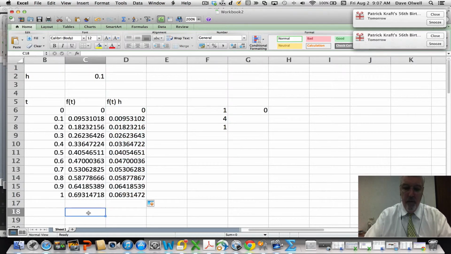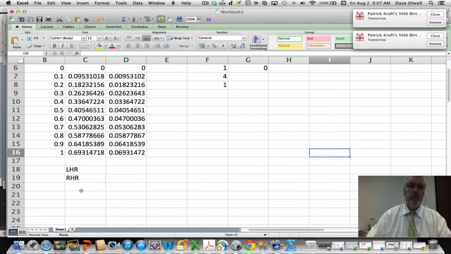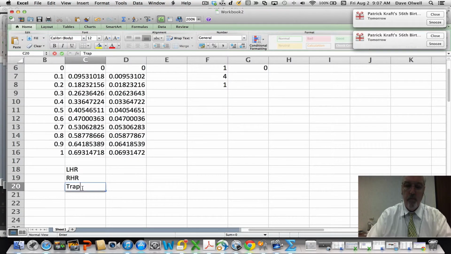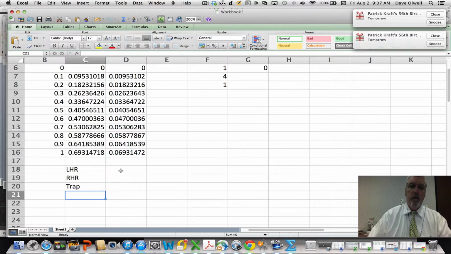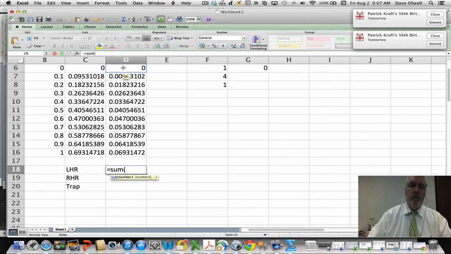For my left-hand rule, I can do my right-hand rule, and I can do the trapezoidal rule. Here the left-hand rule is just equal to the sum of the left-hand endpoints, which go from 0 to 0.9, times the height, which is the area of those rectangles.